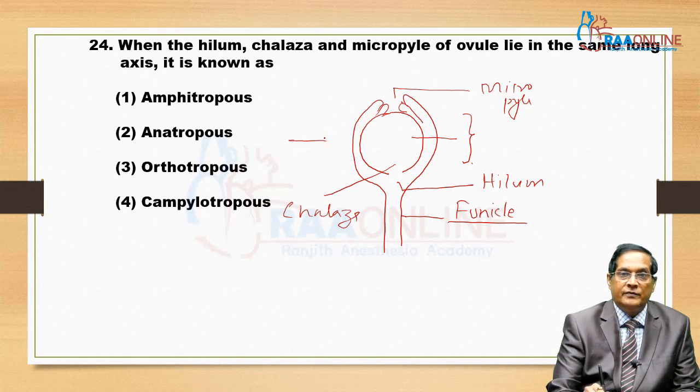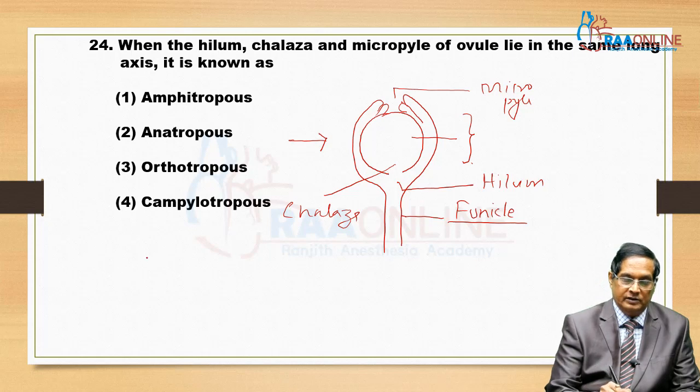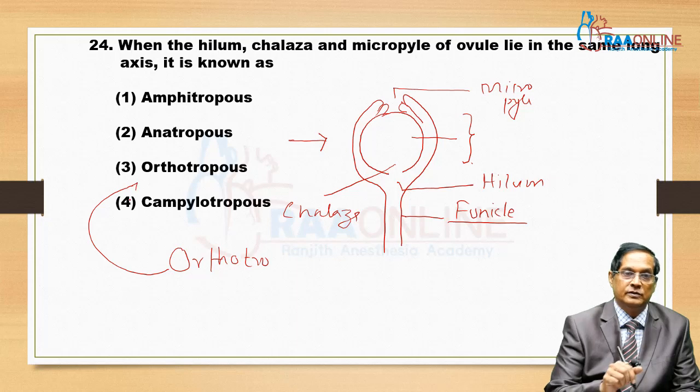The body of ovule is placed straight over the funicle. So it is an orthotropous ovule.